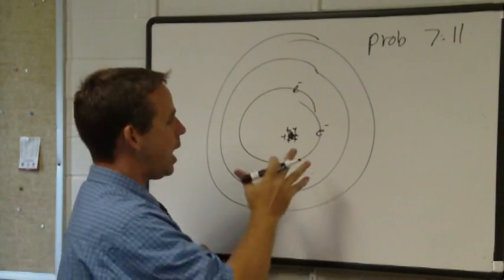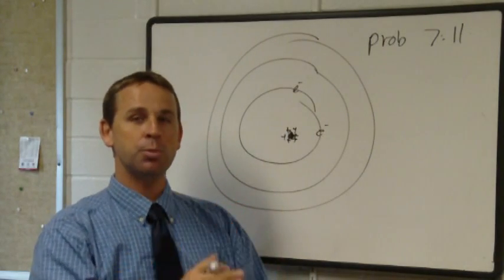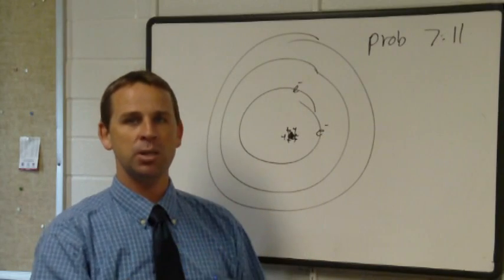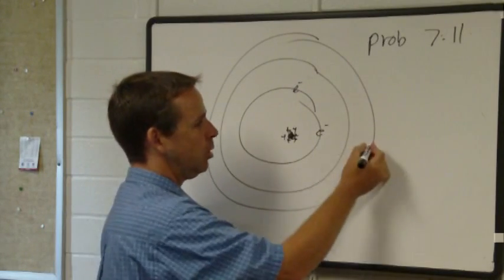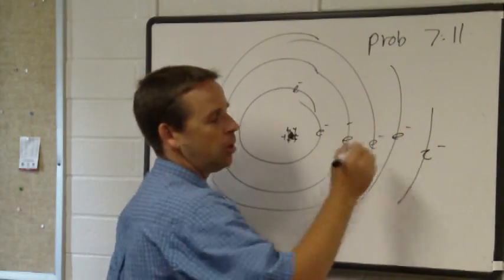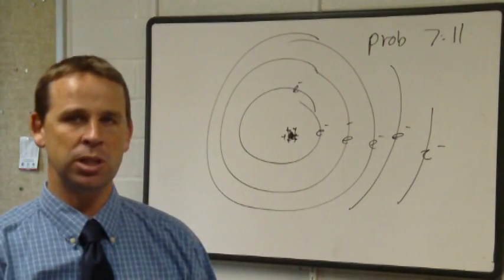Now, as electrons come close to the nucleus, they, in a way, you could think of, absorb that positive charge. And so the outer electrons in outer shells are going to feel less of a draw from those protons in the nucleus.